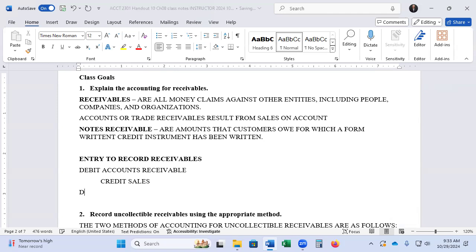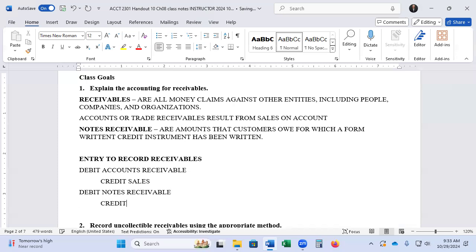Now, if you're recording a notes receivable, it would usually be a debit to notes receivable, and usually a credit to cash. Sometimes it can be sales and sometimes it can be accounts receivable.